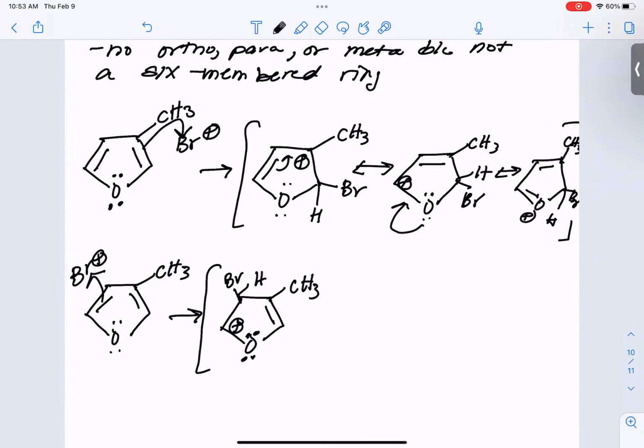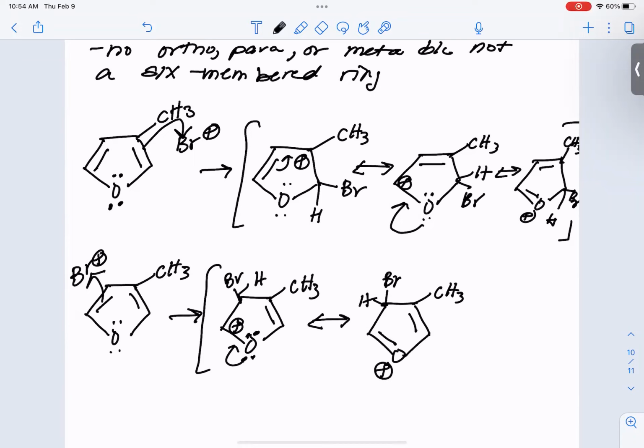If the Br is adding to the top carbon, the lone pair can come over, and I have that resonance structure where I have a positive charge on the oxygen. That is it. That is all I can do.